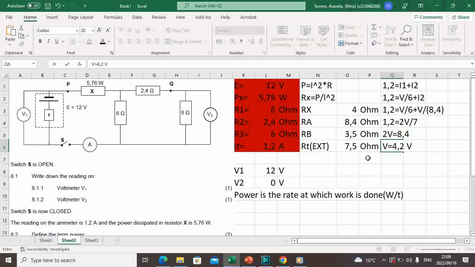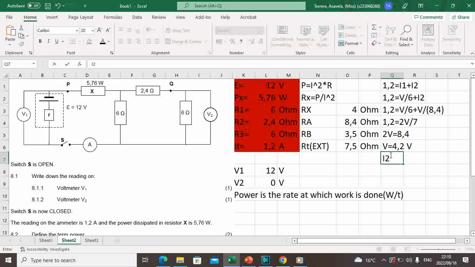Remember I said that this voltage is the voltage across the 6 ohm resistor. It's also the same as the voltage across these two resistors. So if I have the voltage across these two resistors, I am able to calculate the total current that flows in these two resistors, and that current is I2.